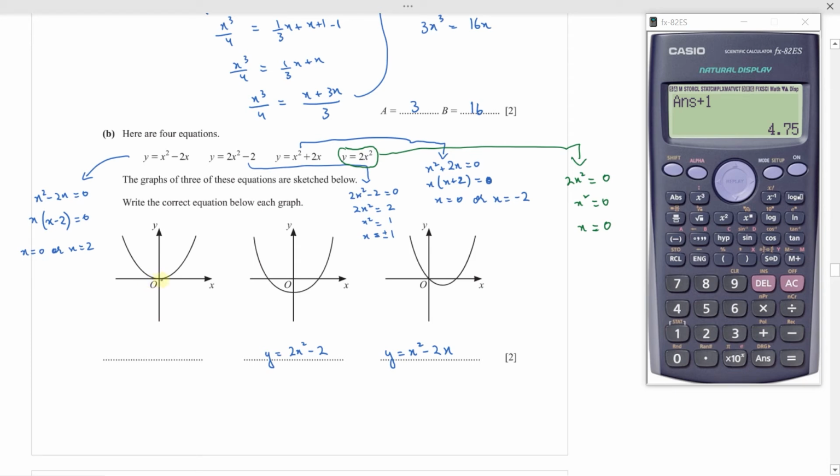So this looks like the correct curve. It's passing through the origin, and this is the only point where it intersects the x-axis. So it passes through the origin x0, y0 as well, and then it intersects the x-axis here. So I can write this as y equals to 2x squared. So you had four equations and only three curves. So this was the equation which did not have any of these curves. So these three are represented below.